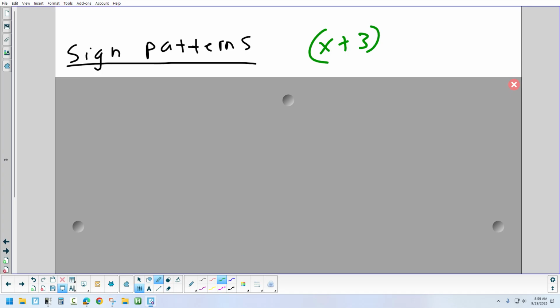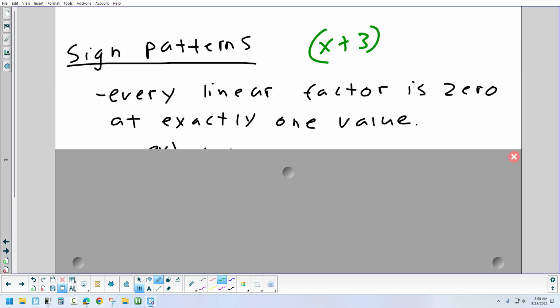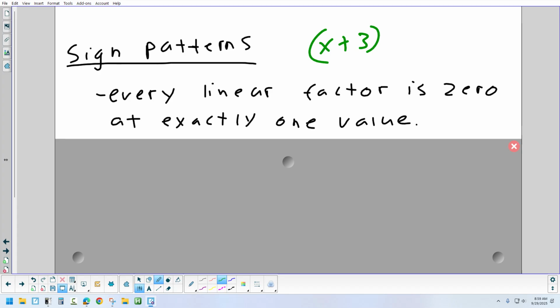X plus 3. Yep. Only one number. Okay. Every linear factor has exactly one number that you can plug in that would make it 0. In the case of that one, it's negative 3. So negative 3 is kind of the dividing point. If you plug in negative 3, you're going to get 0.